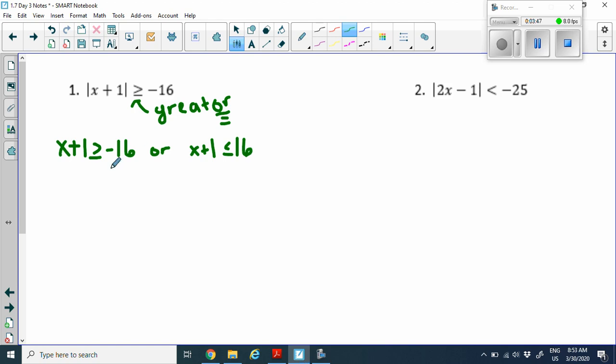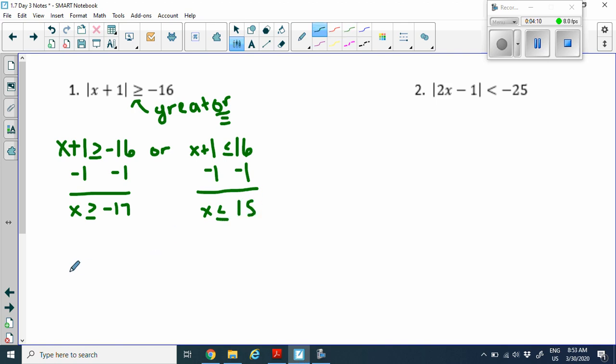So now we solve for both inequalities. For both of them, I subtract 1 on both sides. So I get x is greater than or equal to negative 17, and then x is less than or equal to 15.